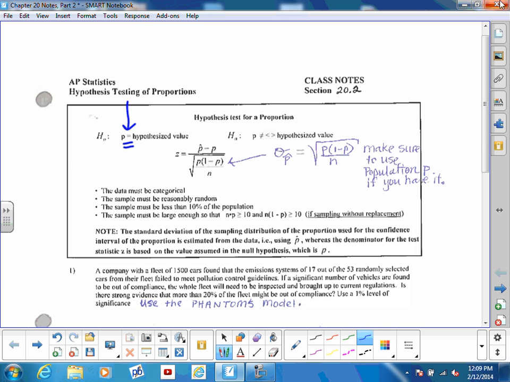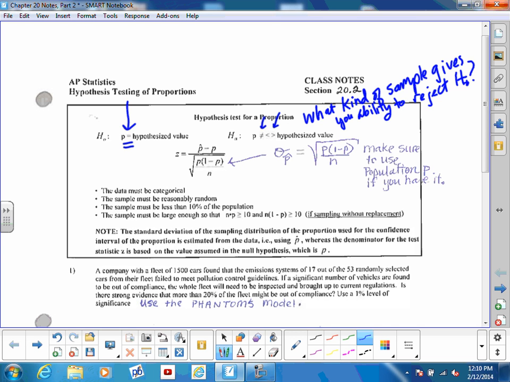Okay? The alternative value is going to be a not equal to, or a less than, or a greater than. That's for the alternative. Now, the way I want you to think of the alternative is this. What kind of sample gives you the ability to reject the null?